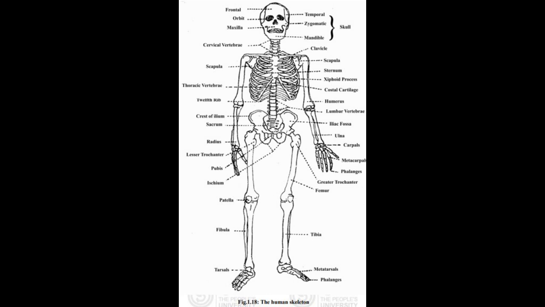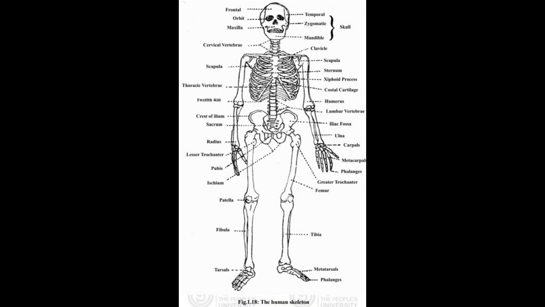2. The vertebral column. The vertebral column forms the axis to which other bones of the skeleton are attached. It consists of a series of vertebrae. There are 33 vertebrae. The top 7 are known as the cervical vertebrae. The next 12 of the chest region are known as the thoracic vertebrae. The next lower 5 are known as the lumbar vertebrae. The next lower 5, which are fused together, are known as the sacrum.